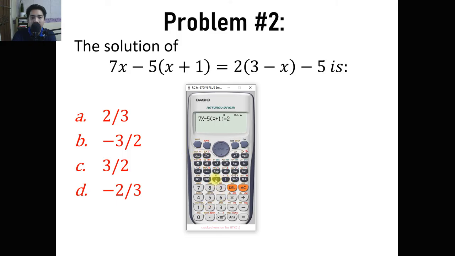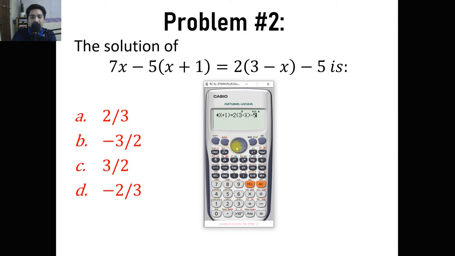Then we have 2 parenthesis 3 minus alpha x, and then minus 5. We can use shift solve, or we can also use the colon method, depending on your preference. But to be more accurate, we can use shift solve.